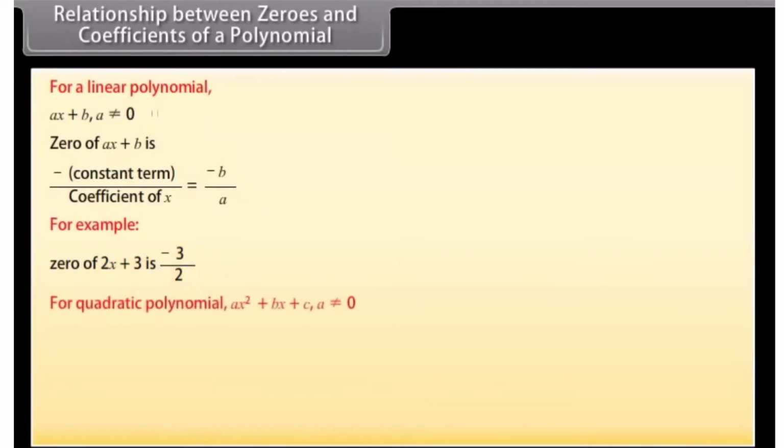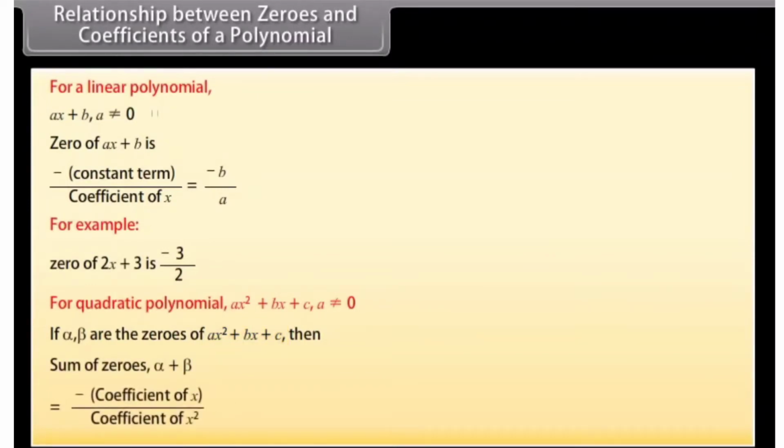For quadratic polynomial, ax² + bx + c, a is not equal to 0. If alpha, beta are the zeros of ax² + bx + c, then sum of zeros, alpha + beta, is equal to minus coefficient of x upon coefficient of x square, which equals -b/a.